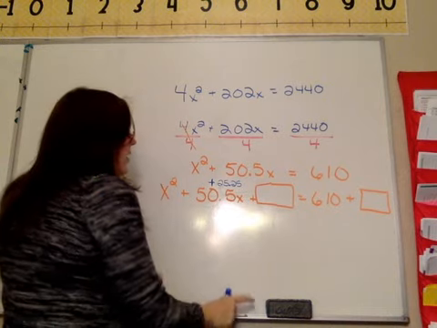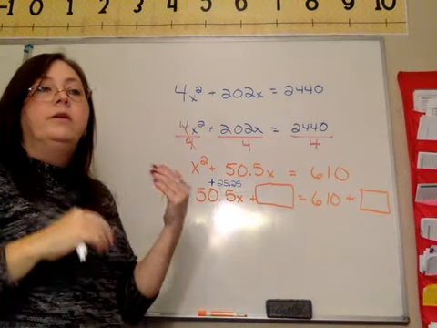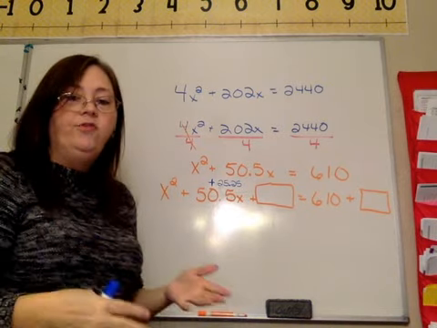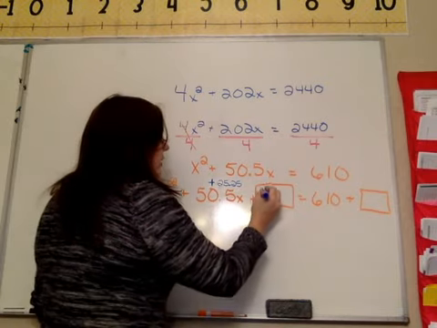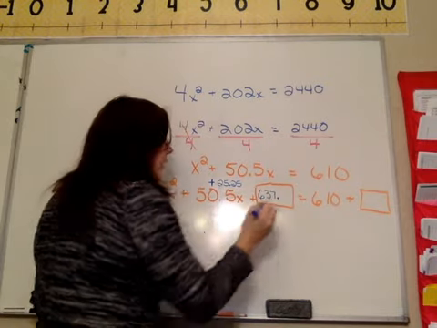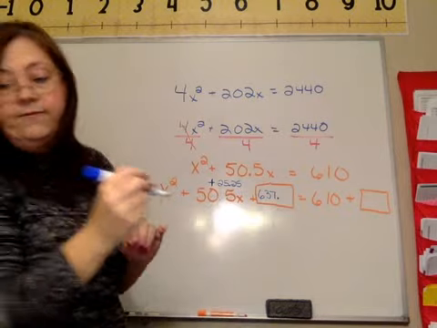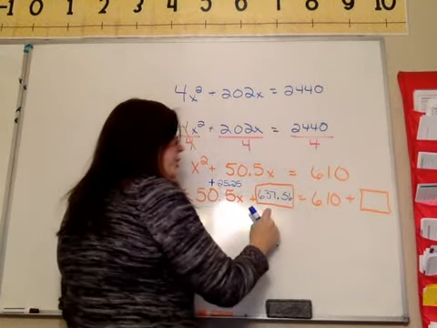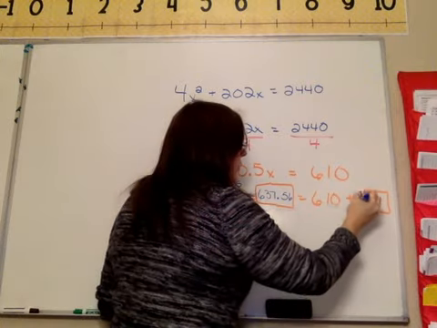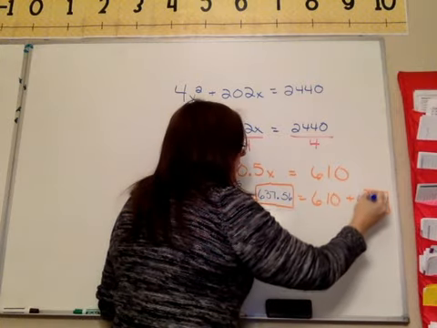All right. 25.25 times 25.25 is going to give you 637.56. Ugly numbers. Remember, what you do to one side, you do to the other. 637.56.